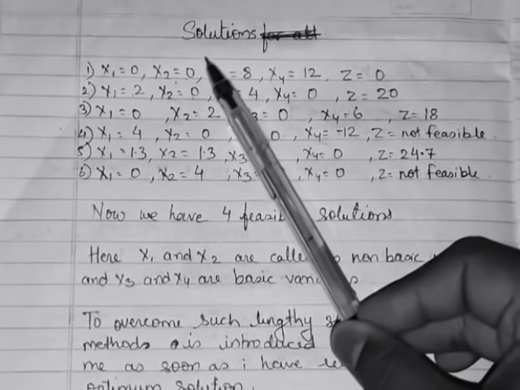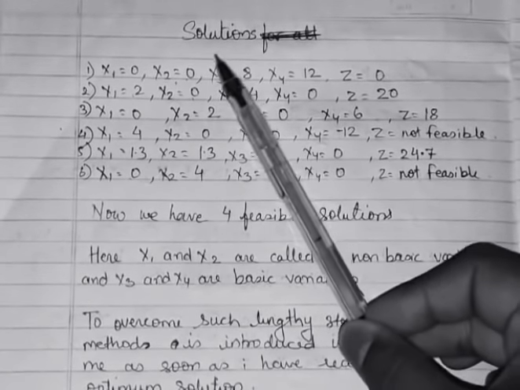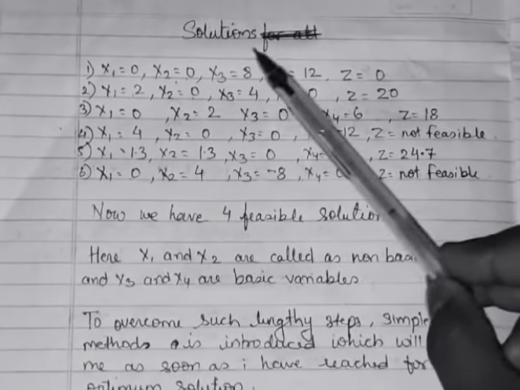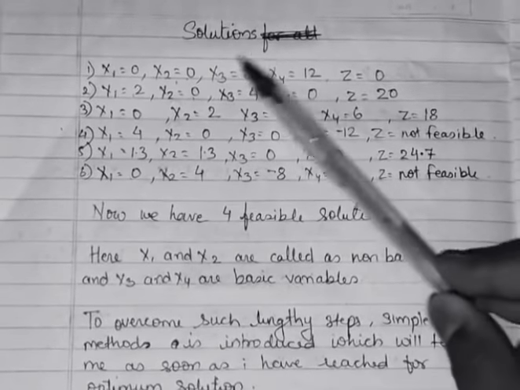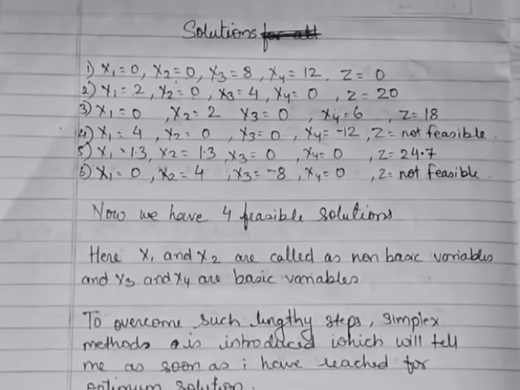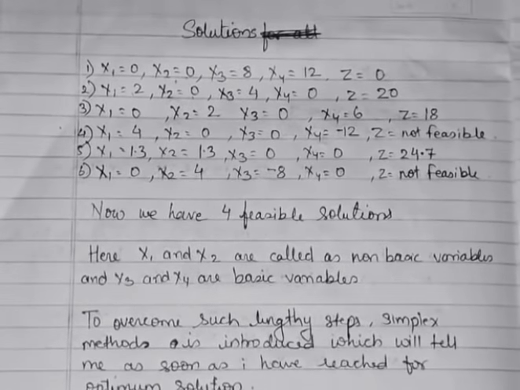Since you know that the effect of x3 and x4 in the objective function is basically 0, it doesn't matter how big a value I get here, right? It is not going to increase the value of the objective function, because the objective function depends only on x1 and x2, my non-basic variables, and x3 and x4 are basic variables, right? Because these are temporary variables which we have created to convert inequalities to equations, right?